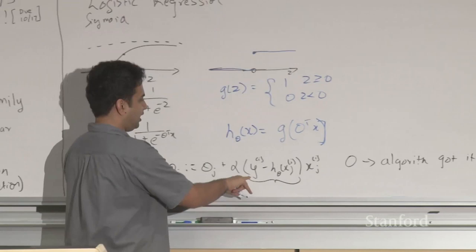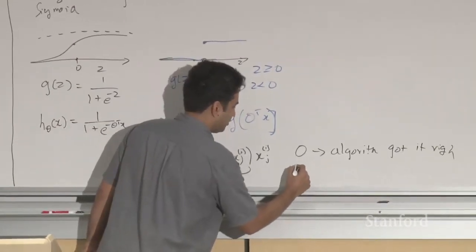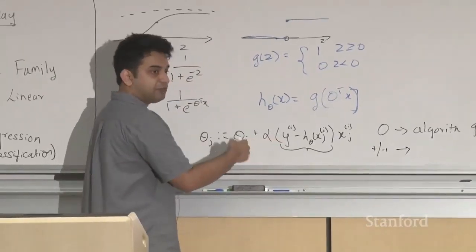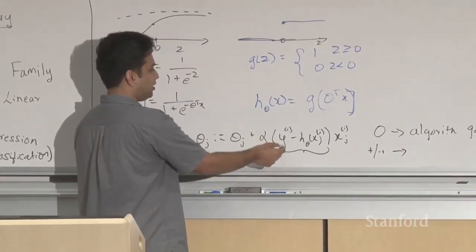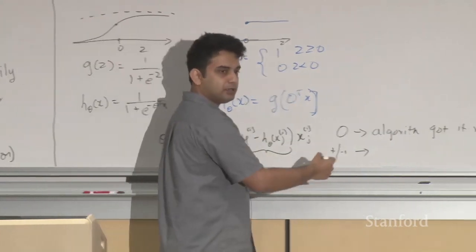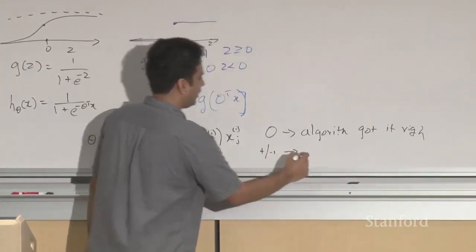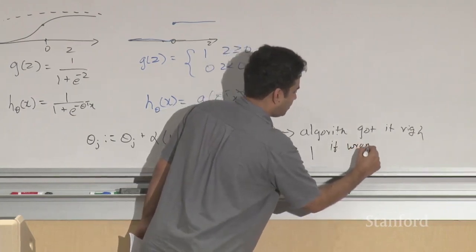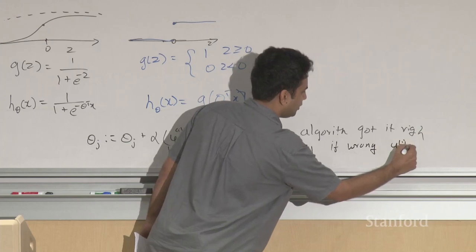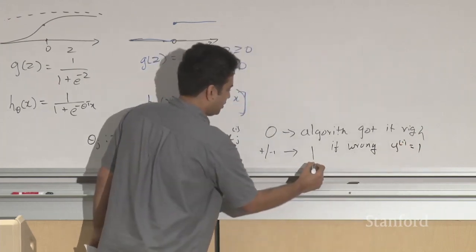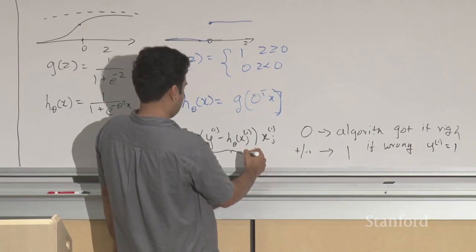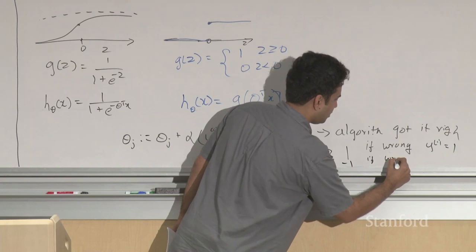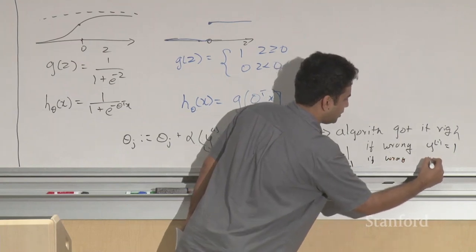And it will be either +1 or -1 otherwise. If the ground truth was 1 and the algorithm predicted 0, this will evaluate to 1 if wrong and yi equals 1, and similarly it is -1 if wrong and yi is 0.